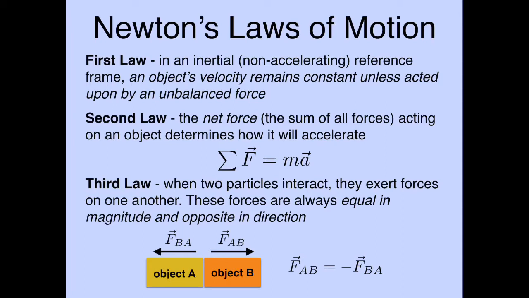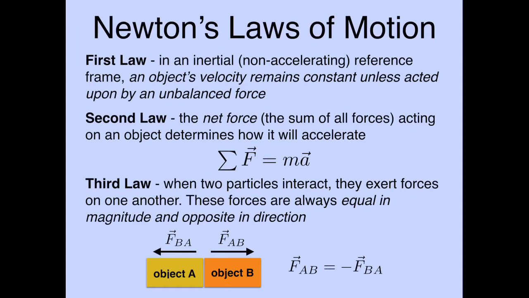And the first law applies in an inertial reference frame. What it says is, let's say you have an object that doesn't have any overall force acting on it. That object is going to move at a constant velocity. In other words, it's going to be seen to move in a straight line with a speed that doesn't change. That's what constant velocity motion is.